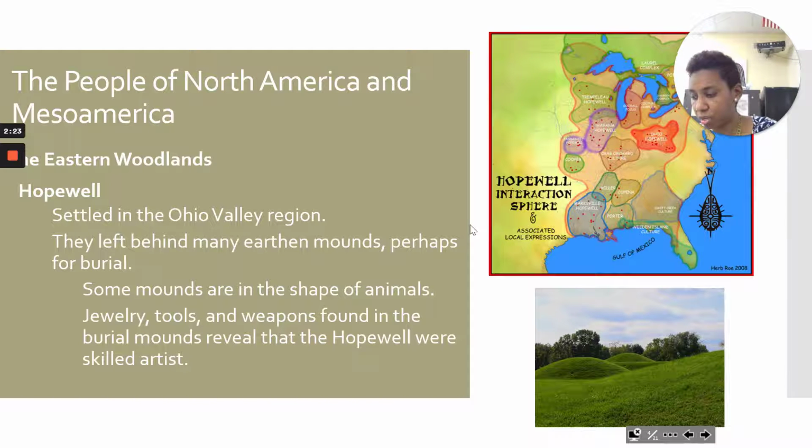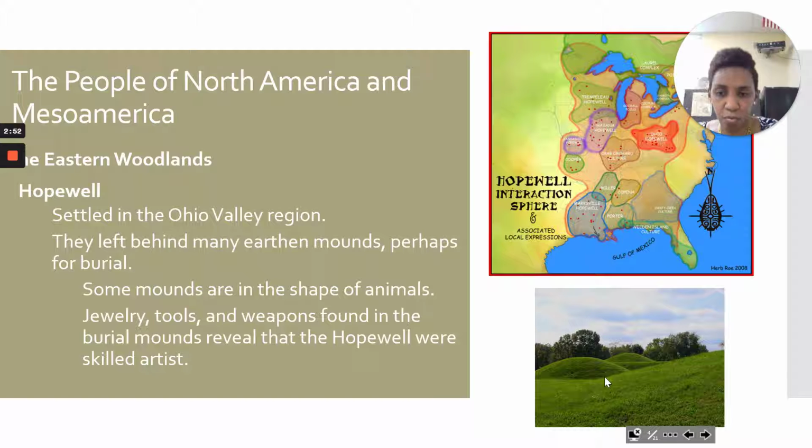Your first question is to describe the Hopewell Mounds. The Hopewell Mounds were those mounds created by the Eastern Woodland tribes, those tribes that you see associated here. As you see here, they settled in the Ohio Valley region. Most of those mounds that were left behind could possibly have been for burial. A lot of the mounds are in the shape of animals.